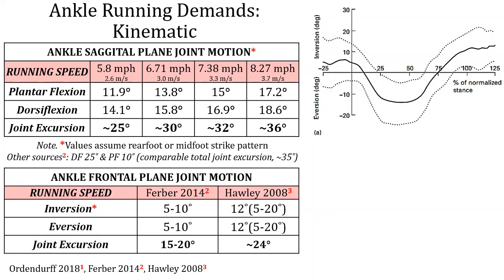You can see in the image that's populated there with the graph, on the x-axis is going to be the percent of the stance phase of gait, and then on the y-axis is going to be the subtalar joint, specifically eversion and inversion respectively.